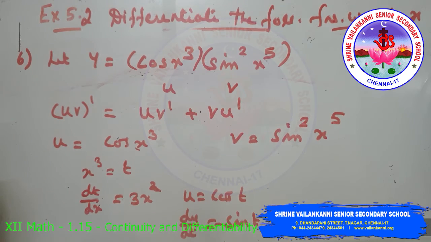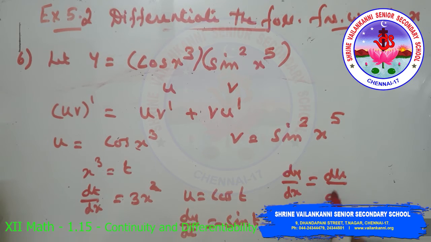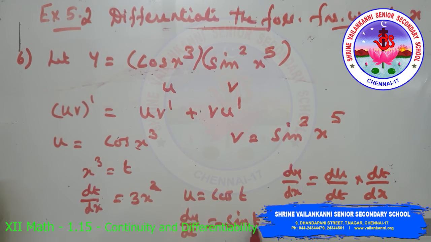So using chain rule, du by dx is equal to du by dt into dt by dx. So minus sin t, we can change t as x cube. So minus sin x cube, dt by dx is 3x square. So du by dx is equal to minus sin x cube into 3x square.